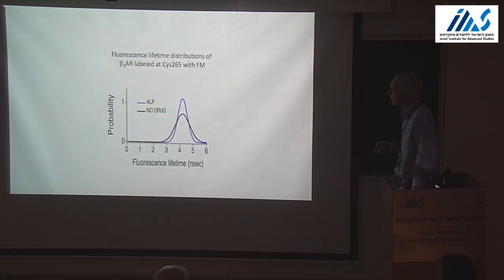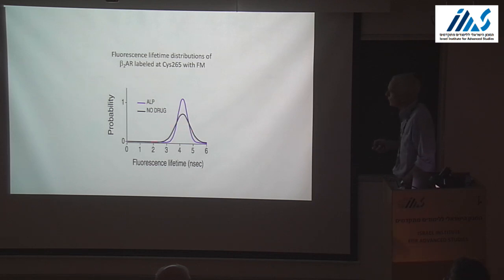And you can do a lifetime determination and get distributions of lifetime. So this is a lifetime probability distribution. If you have a single peak like this, it suggests that you have predominantly one conformational state around this probe. If it's very broad, it might suggest that the protein is somewhat dynamic.